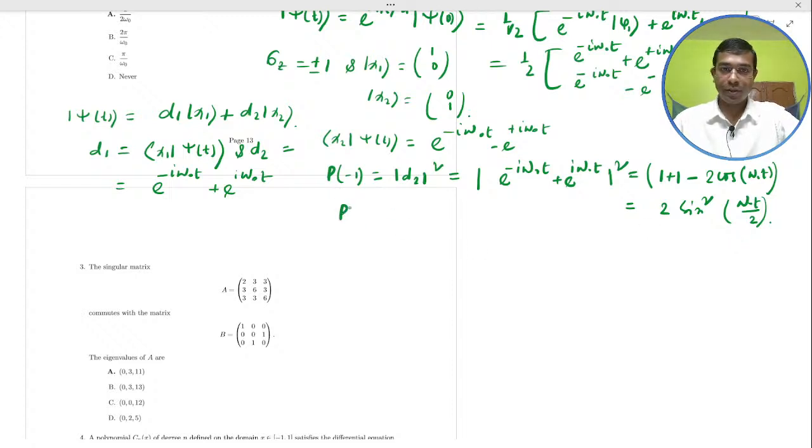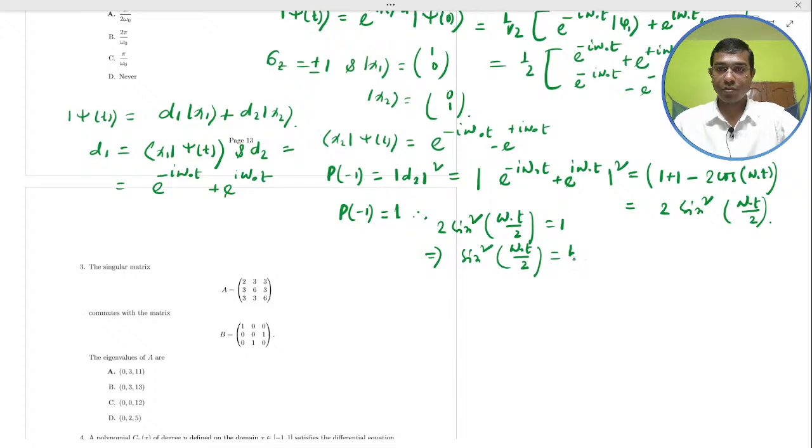So p at minus 1 would become 1. Therefore, twice sine square omega naught t by 2 is equal to 1, or sine square omega naught t by 2 is equal to 1 by 2.